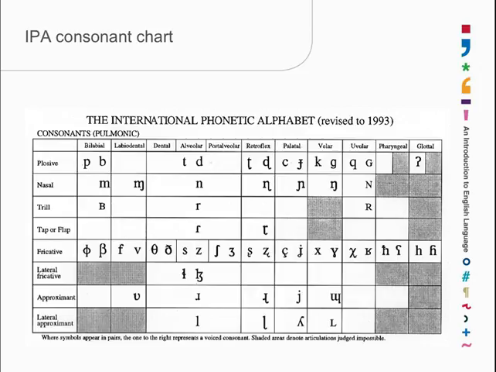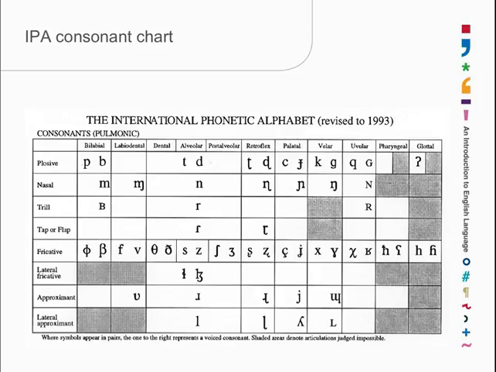For example, you can have bilabial fricatives, voiced and voiceless, instead of f and v, which are produced between your teeth and lips. These are just produced between the lips. We don't use them in English, but they exist.